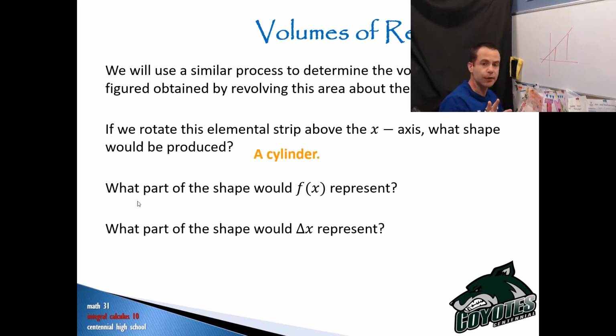Now, some of you are bothered, I can just feel it in the airways, by the fact that this is smaller than this. But remember, think of it this way for a sec, just so I can put your mind at ease. When we were looking for area, we looked at the area as a bunch of rectangles stacked on top of each other, an infinite amount of rectangles.